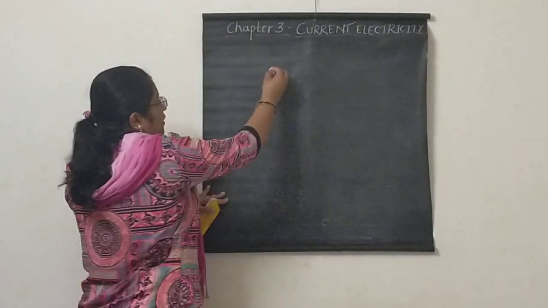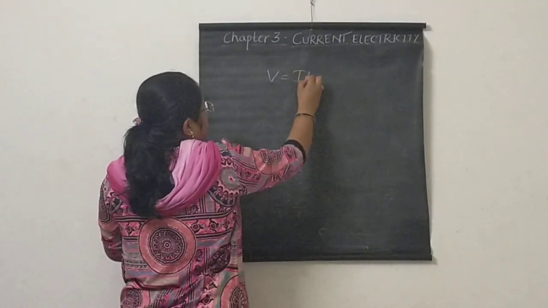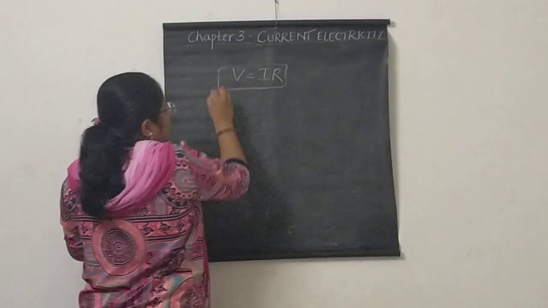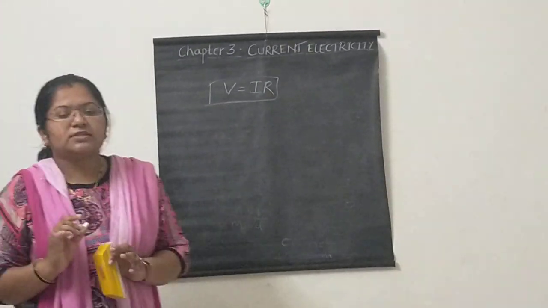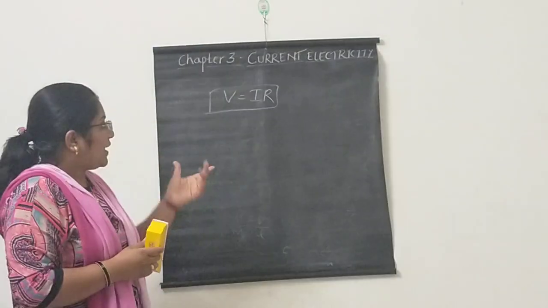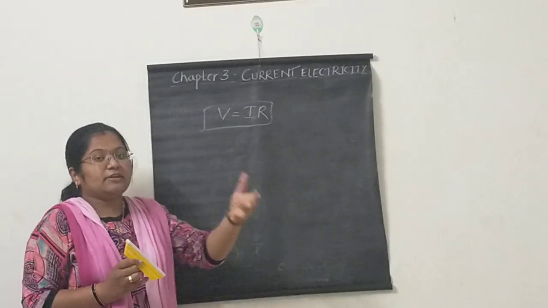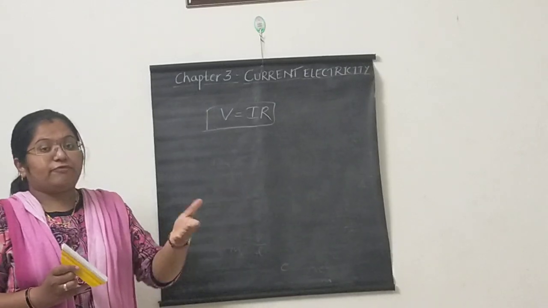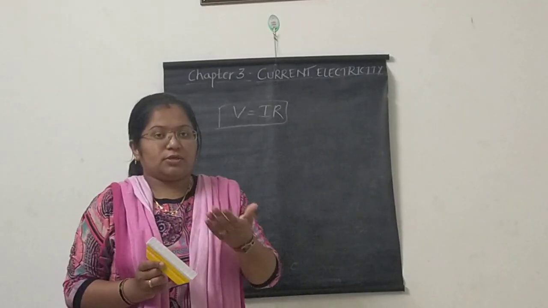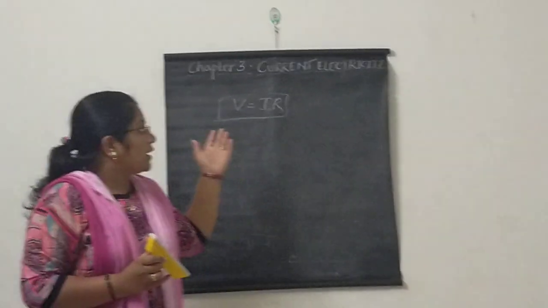What did we obtain? V is equal to I into R. This is a universal expression which explains Ohm's law. By keeping Ohm's law original as it is, we can study it in different forms also. Different form means, for example, now I am giving a lecture on current electricity.